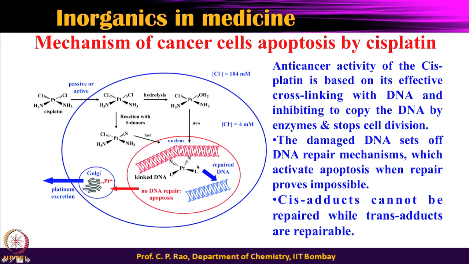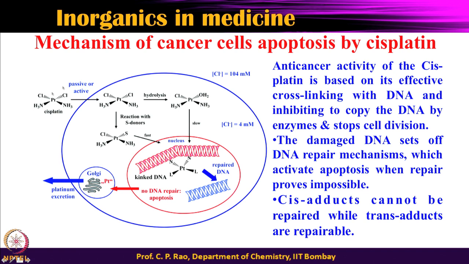Cisplatin based complexes are not repairable, whereas the transplatin based DNA complexes are repairable by the system. Therefore, cisplatin acts as an anti-cancer agent, and transplatin does not have any use as a drug at all.